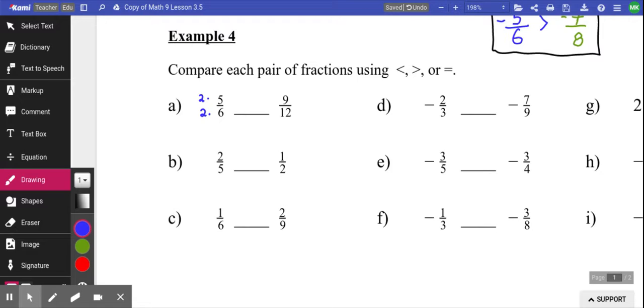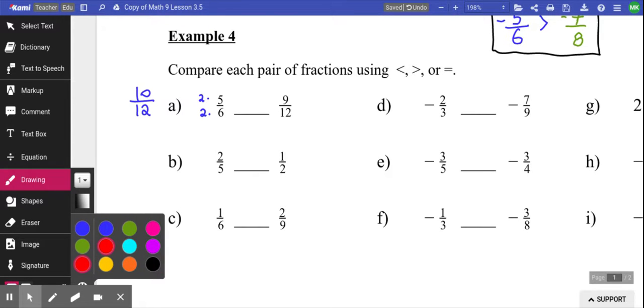Because that would give me 12 on the bottom, which means I would have 10 over 12. Now I can compare 10 over 12 to 9 over 12. Which one would be bigger? 10 over 12 is bigger. That means the arrow is that way. That means 5 over 6 is bigger than 9 over 12.